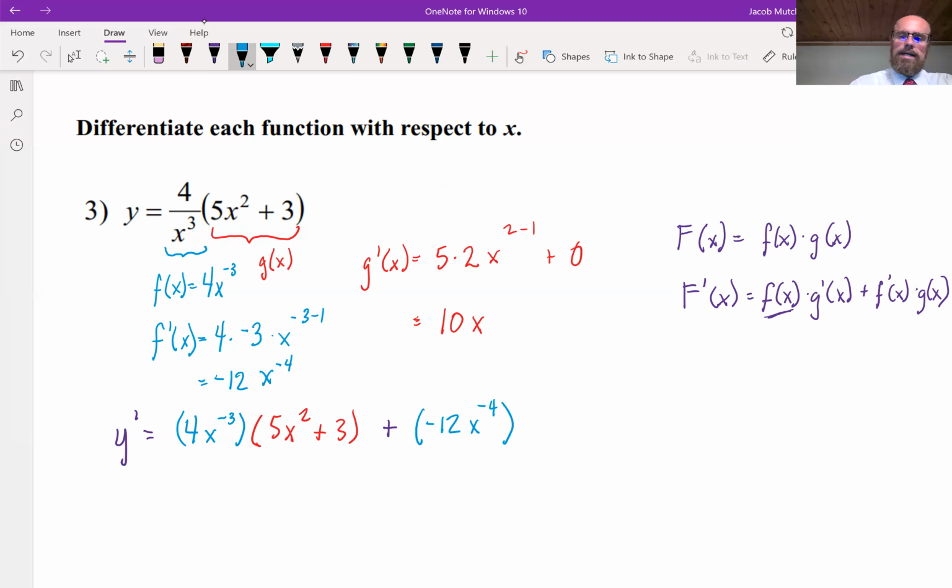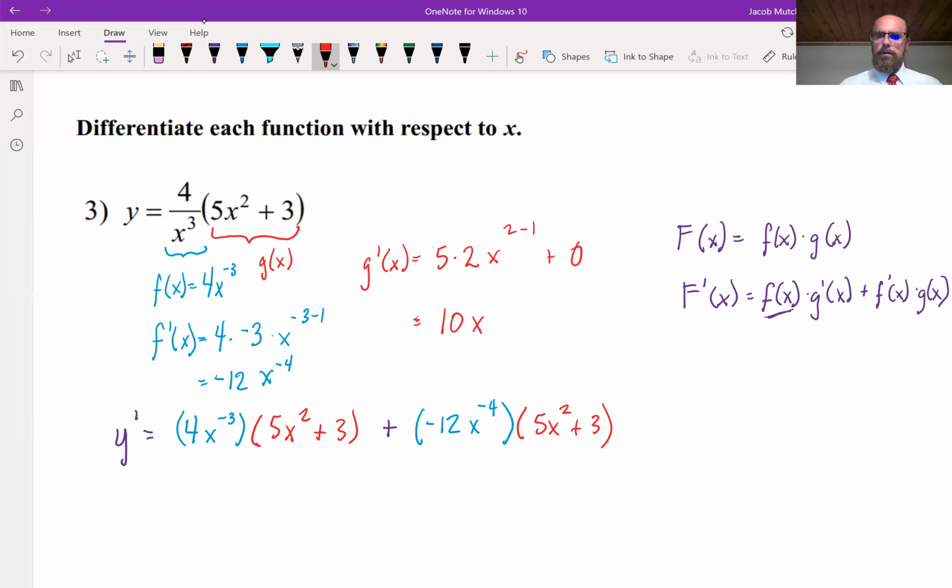And that is multiplied times the original of g of x. So 5x squared plus 3. And you can see I've actually written this in a way opposite. No, that looks great, actually. That follows our rule exactly. So I got turned around, but I'm back. So that's good. At this point, what I need to do with that is I need to distribute and simplify.